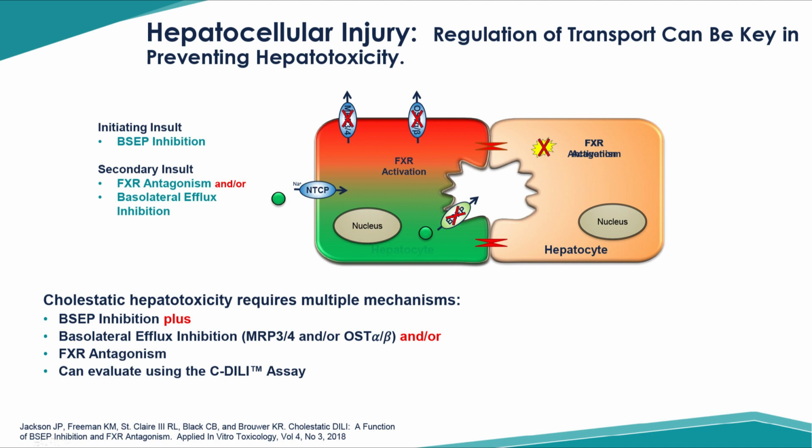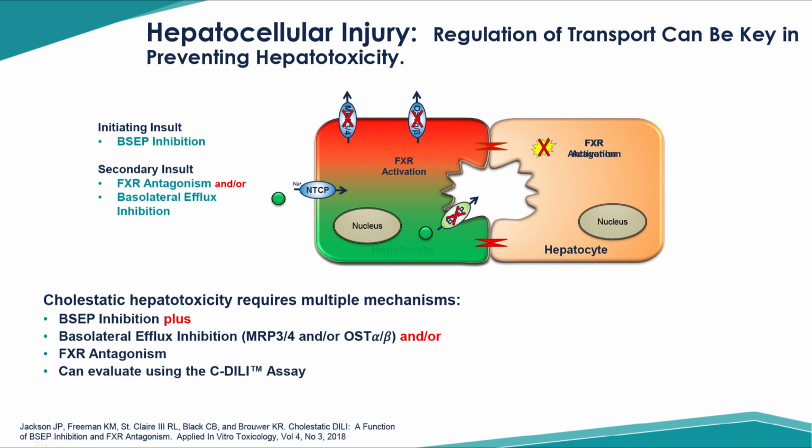When you get FXR activation, it'll bring on board this OST alpha and beta, and you'll reach some new steady state level for these bile acids. So it'll have adapted to that initial insult.